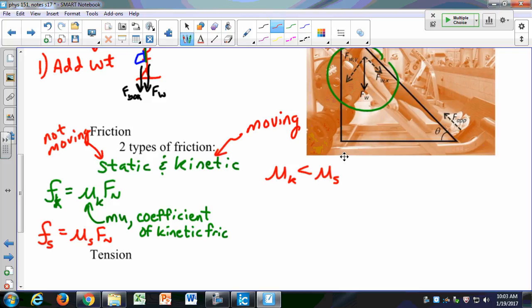So let's think about your car, because in your car you can have either static or kinetic friction, right? As Mariah said, if you hydroplane, then your wheels lock up and they start scooting across the surface. Or if you hit water, they can still turn, but you're still hydroplaning.